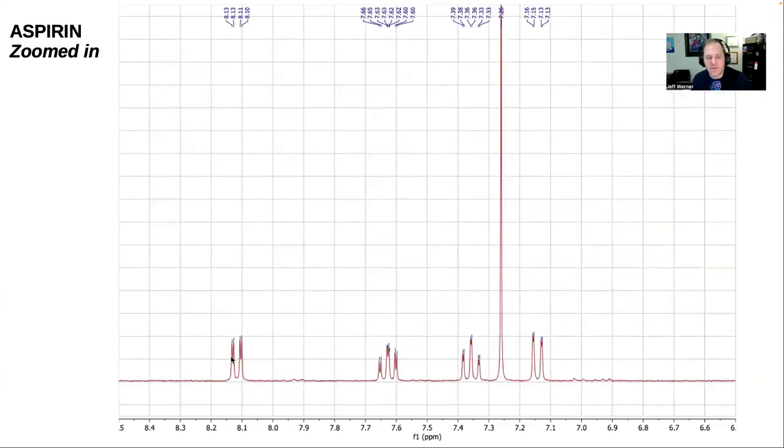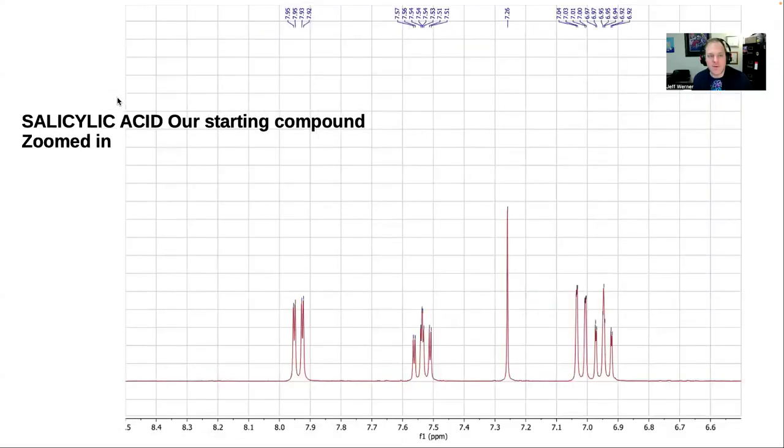If you see this doublet for this cluster here to the left of 8.1, that only happens in aspirin. Sorry, jumping around. In salicylic acid, there's nothing to the left of 8.1. The doublet is over here, to the left of 7.9. That change in position helps us identify the difference between them.